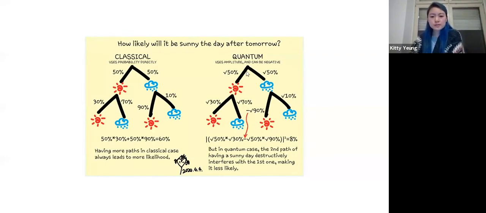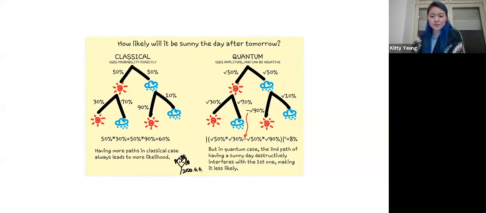What you need to do is first multiply down the amplitudes and then take the square of the whole summation. But because of this negative sign here, this path of getting a sunny day is interfering with your first path. It actually subtracts from that and reduces the probability of getting a sunny day.